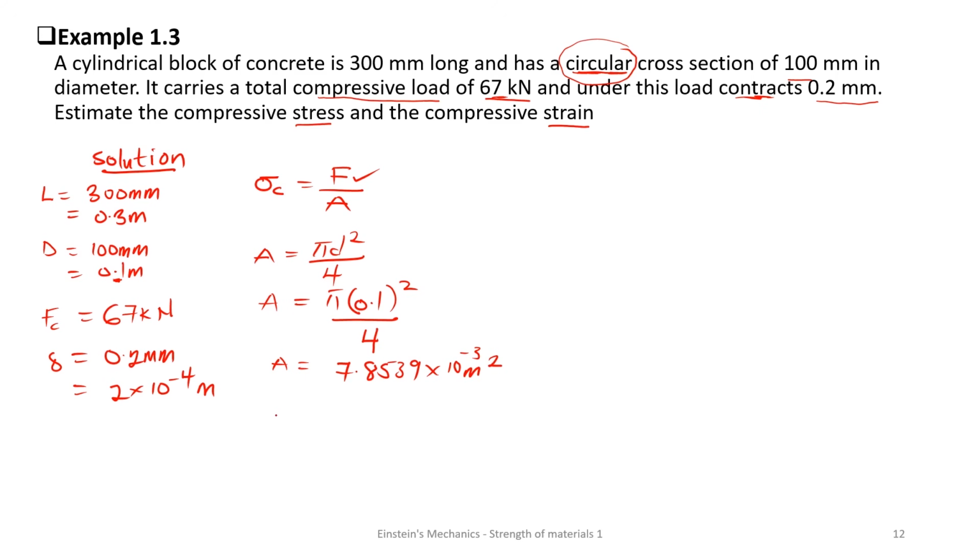I can now calculate my compressive stress. The force was 67 kilonewton, which is times 10 raised to the power of +3, your prefix, over my area, 7.8539 times 10 to the -3. Here I have newton and meter squared.